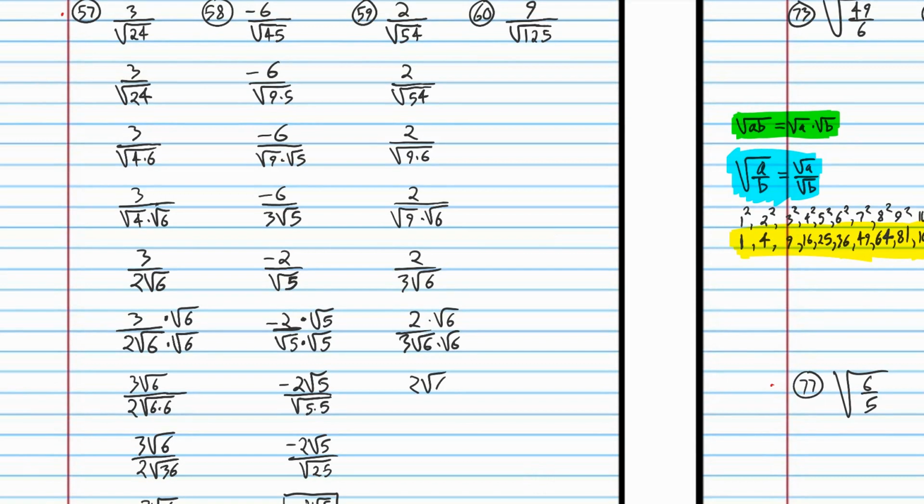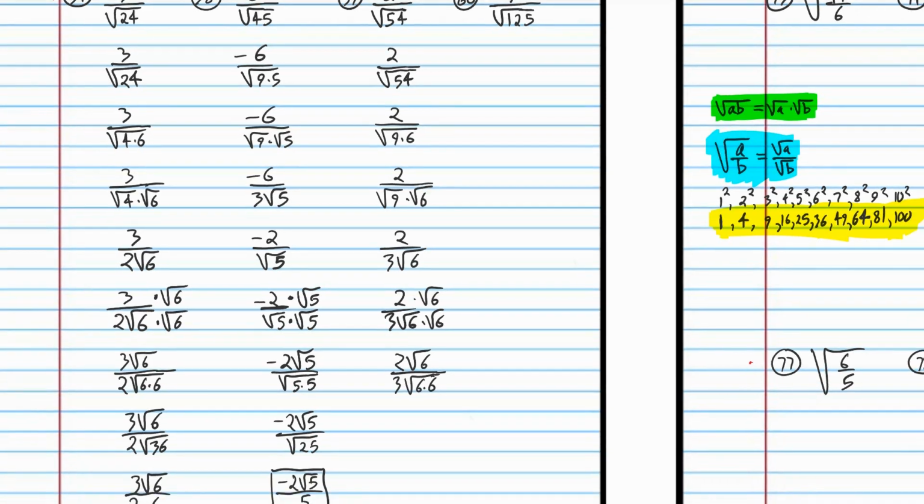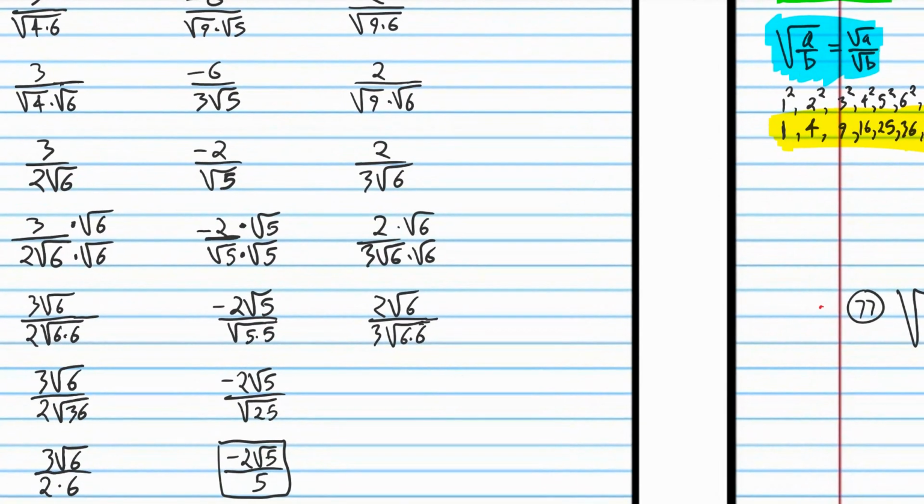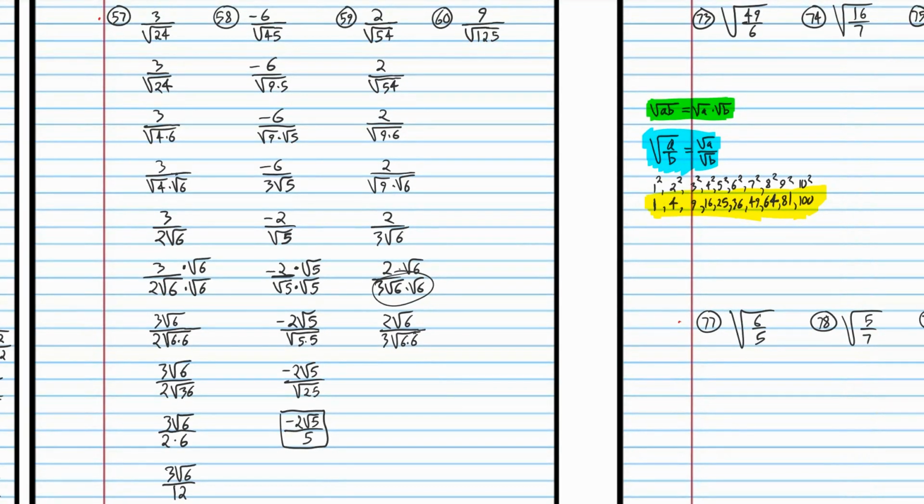Now we get 2 root 6 over 3 times root 6 times 6. Again, we use the green equation up here to combine those, and we get 2 root 6 over 3 times root 36.